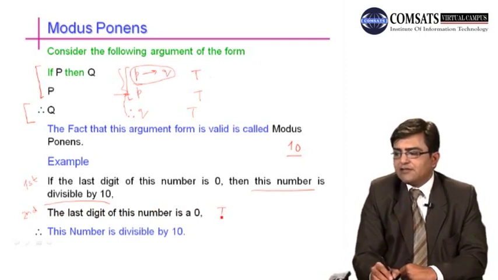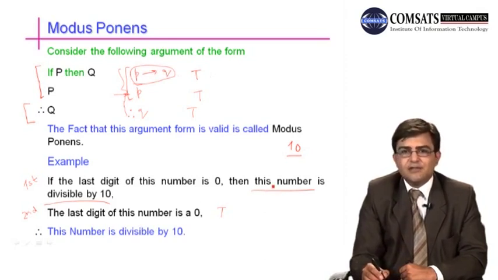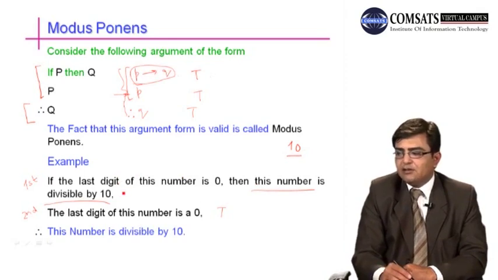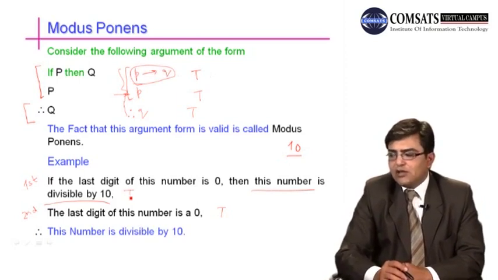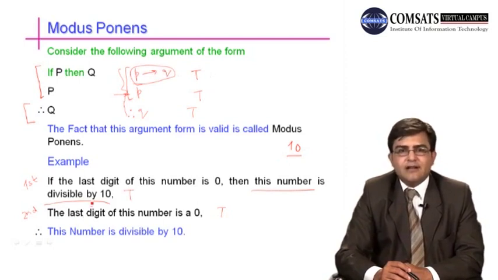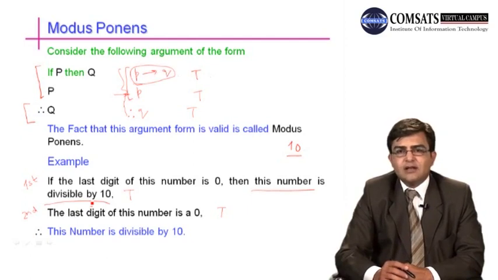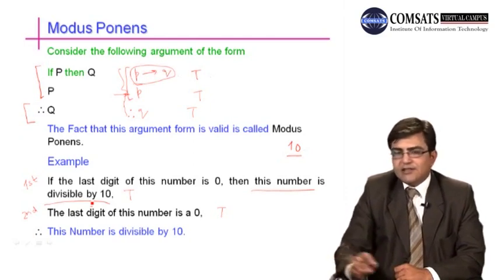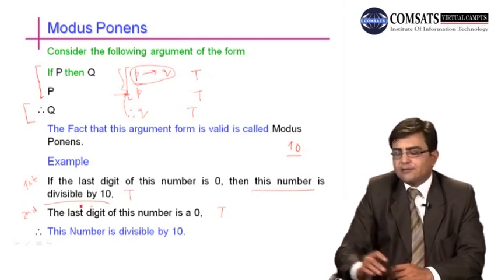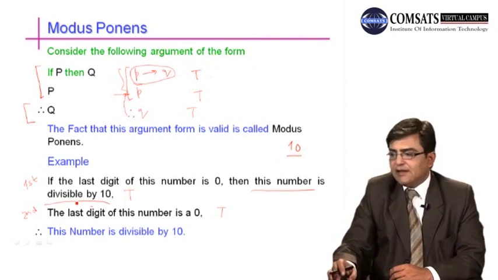Now if the last digit of this number being 0 is true, then this number is divisible by 10 must be true. Otherwise the truth value of this conditional statement will not be true. So what we have concluded from these two premises is that this number is divisible by 10. So this is basically a form of modus ponens, which is a valid argument. We shall discuss some other examples of modus ponens in the next slides.